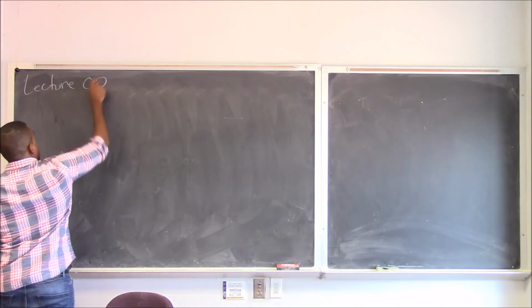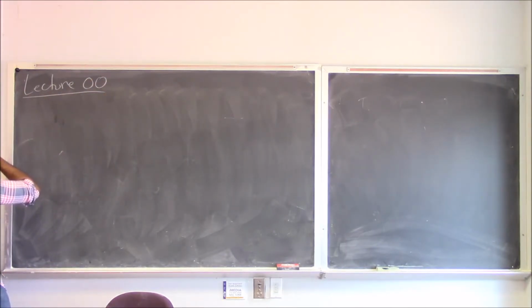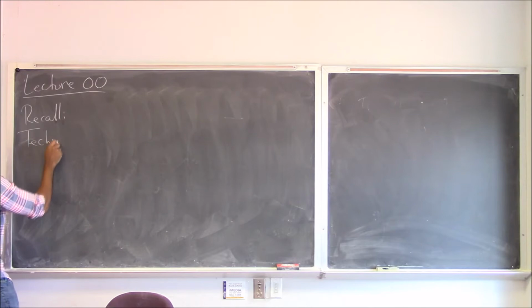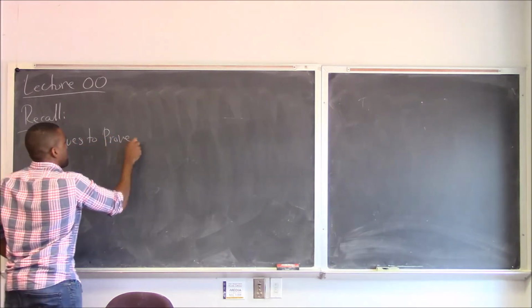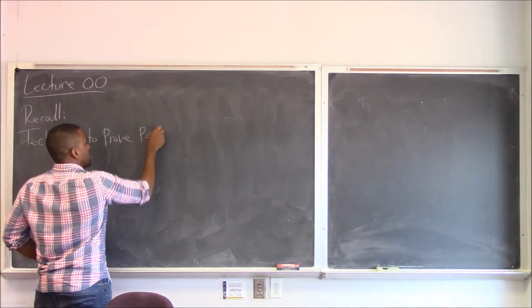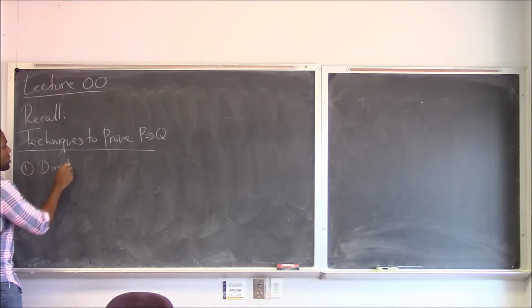We're still not in any real material yet. We're still on lecture 00. Just recall some proof techniques. To prove P implies Q, what was the first technique? We looked at the direct proof.